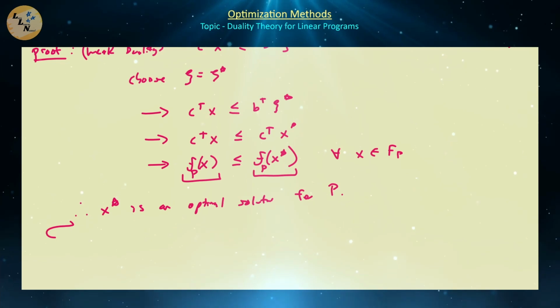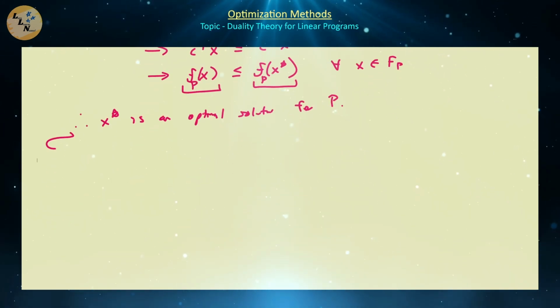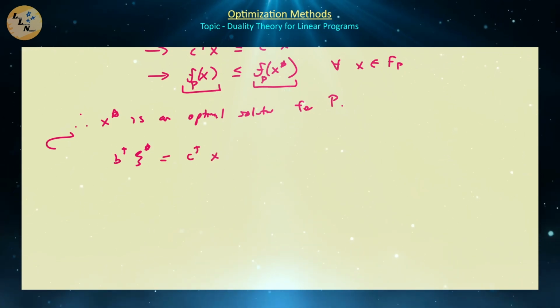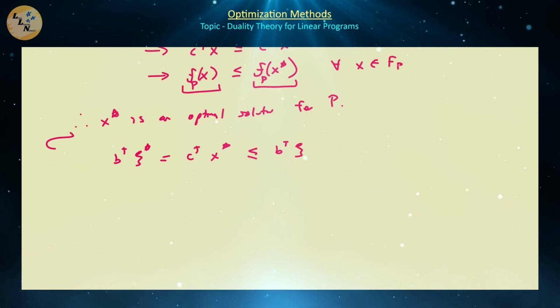Now, what does that say about psi star? Let's see if we can build an argument for that. We know that B^T psi star is equal to C^T x star, right? And we know that C^T x star is less than or equal to B^T psi for all psi in the feasible region of the dual problem, right?